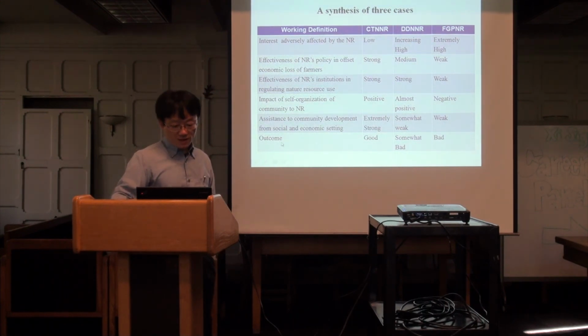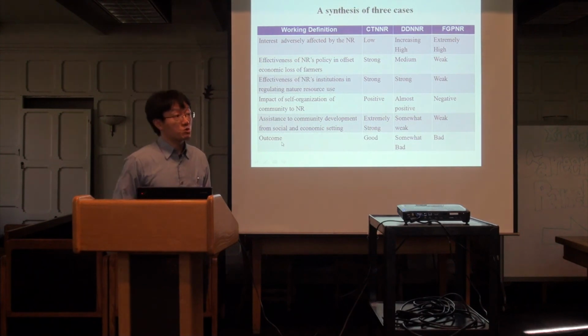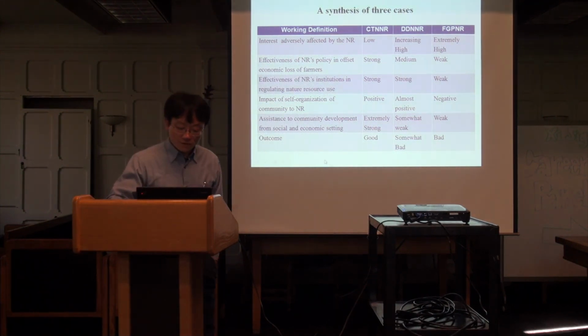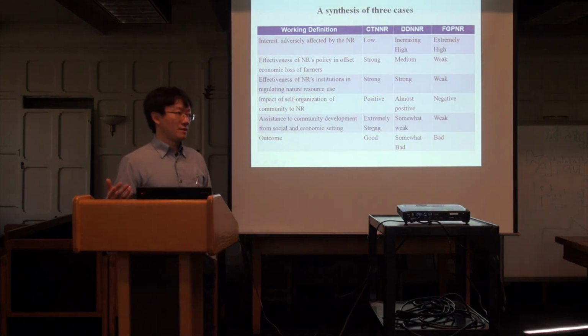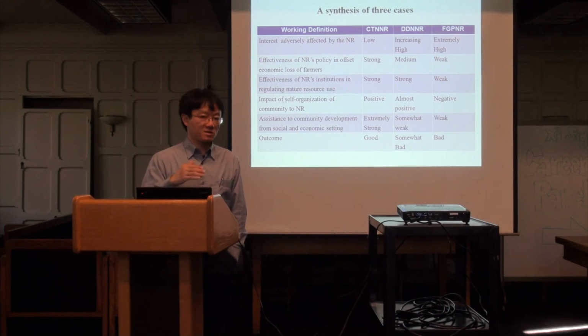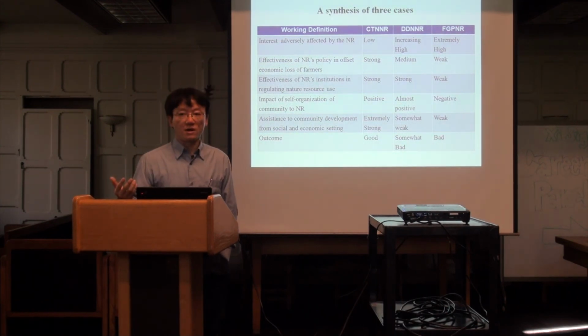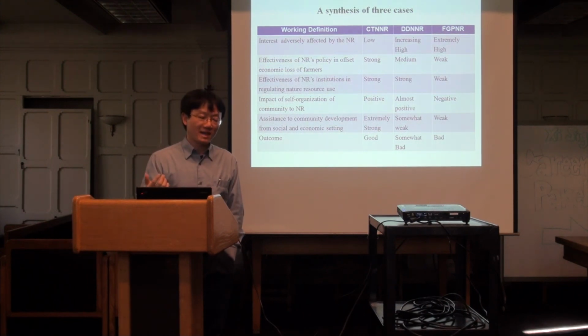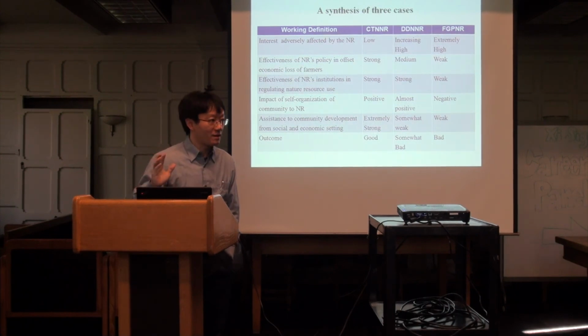And the fifth one is assistance to community development from the social and economic setting. For the first one, it is very strong. They have a very long history of helping local people out of poverty. Though right now the local people are still not so rich, they have a very long history of implementing the ecological protection program, more than 20 years.